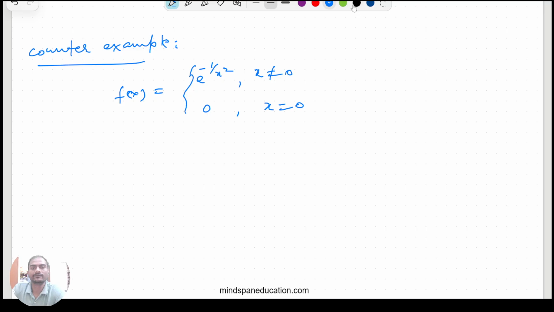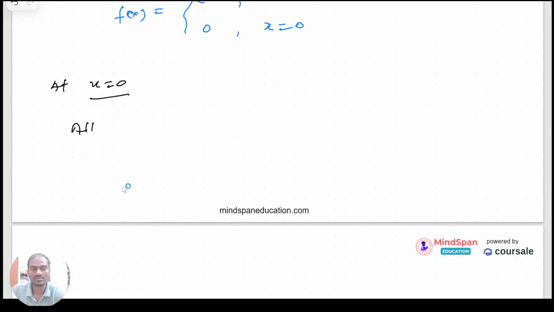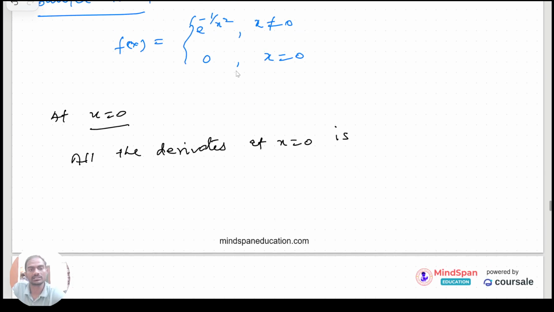Now if we analyze this function, what we are going to get at all points at x equal to 0, all the derivatives are zero. आप यदि डेरिवेटिव इसका निकालोगे x इक्वल टू जीरो पे सारे जीरो आएंगे.